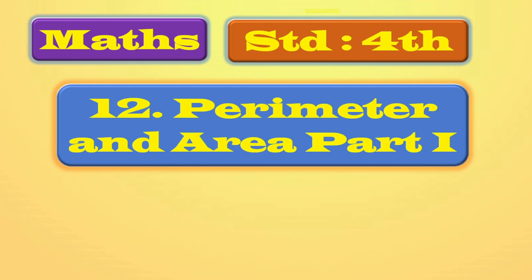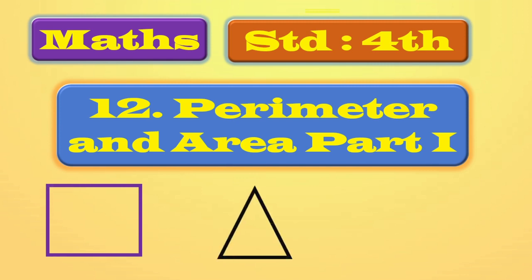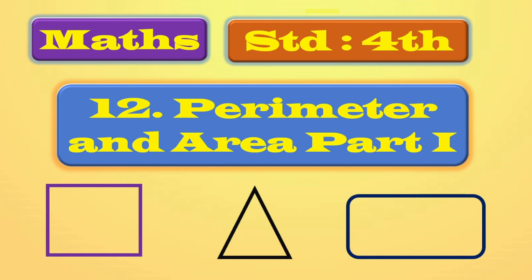Dear children, let us learn today how to calculate the perimeter and area of the given object or given shape or given place today. Okay? Let us move to the chapter.